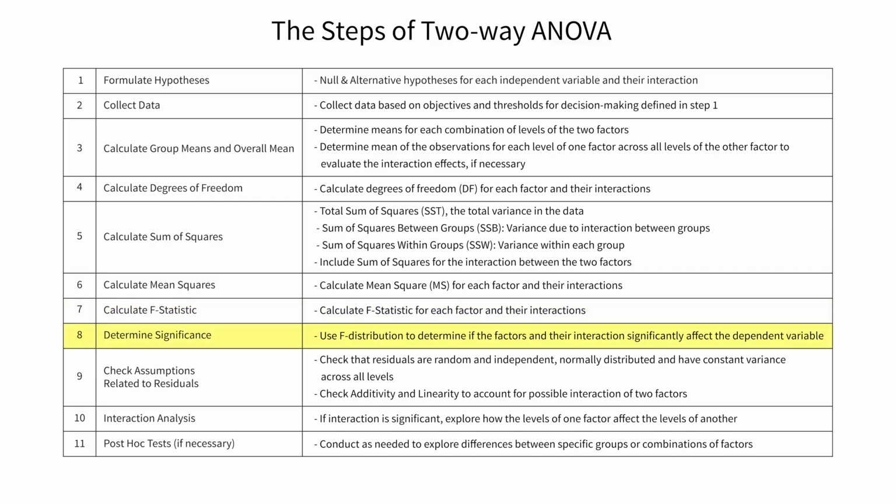Then we determine whether the factors and their interactions significantly affect the dependent variable. If so, we proceed to interaction analysis to explore how the levels of one factor affect the levels of another. Finally, we can conduct a post-hoc test if necessary to explore differences between specific groups or combinations of factors.